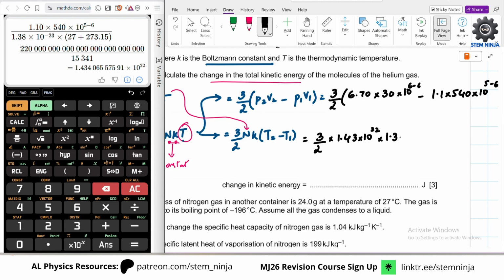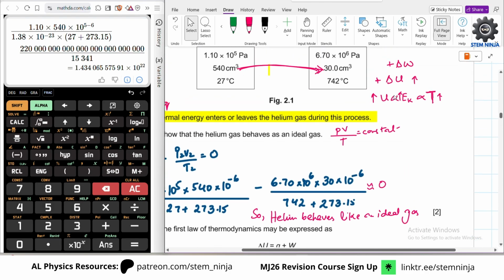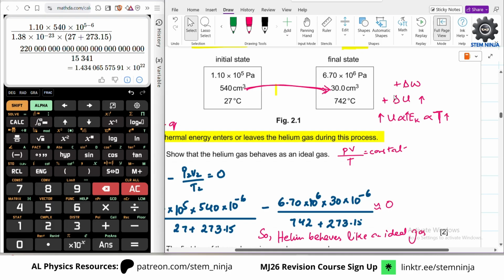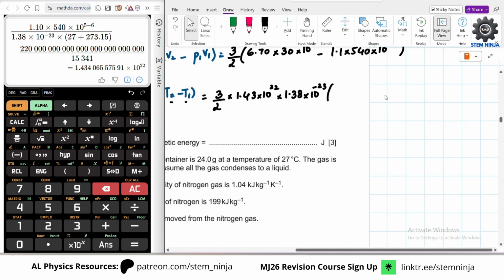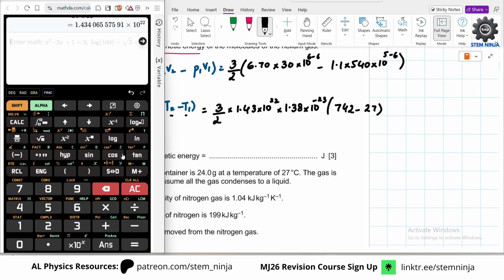k was 1.38 times 10 to the power minus 23. The change in temperature is going to be the same as the change in temperature for Celsius, because 1 unit of Celsius is the same as 1 unit of Kelvin. 742 minus 27. Okay, let's see whether we get the same values or not.